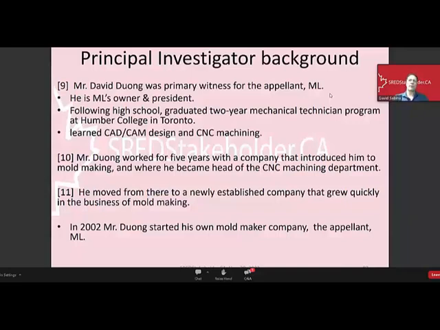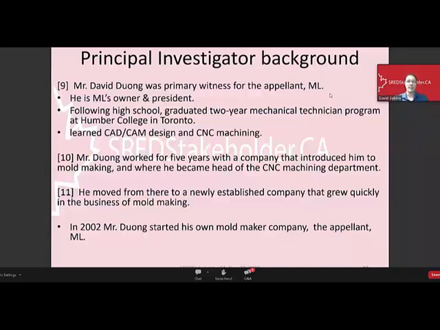So the first thing that we want to do is look at the principal investigator's background. What was his or her technical background? In this case, it was a Mr. Duong, and we're told that English was his 4th language. So I'm saying these things are all relevant in the interpretation and the ability to explain things. And we'll talk about how you want to address this by having the information prepared up front so there's no interpretations, particularly where you're relying on verbal testimony.